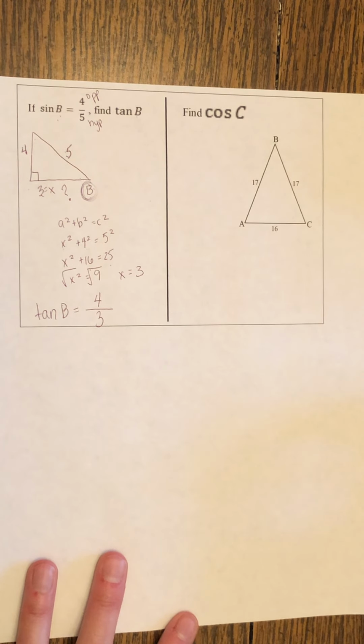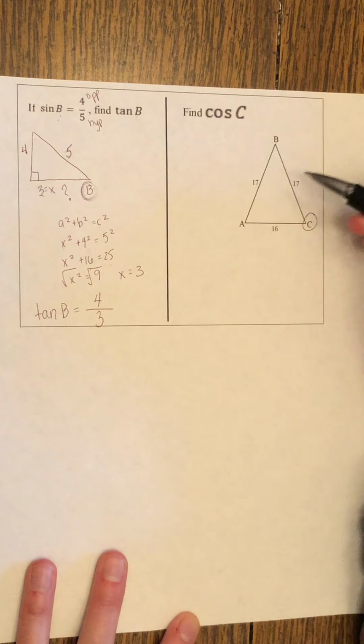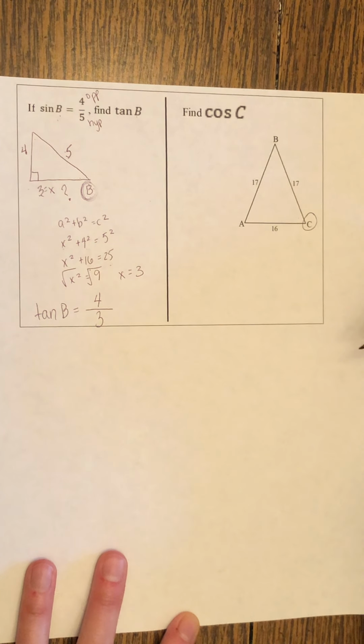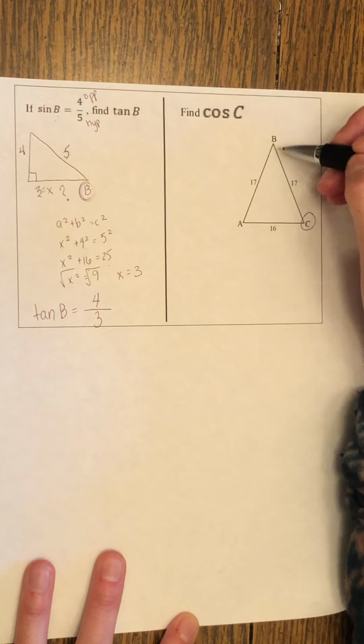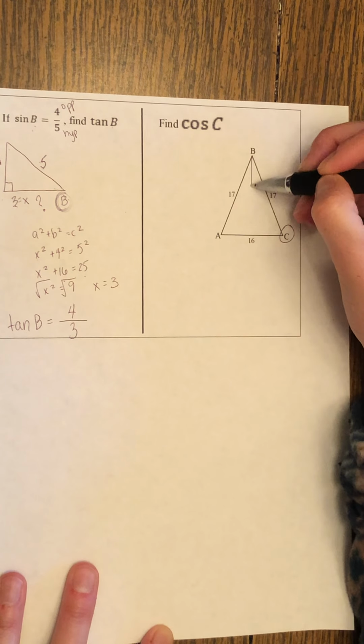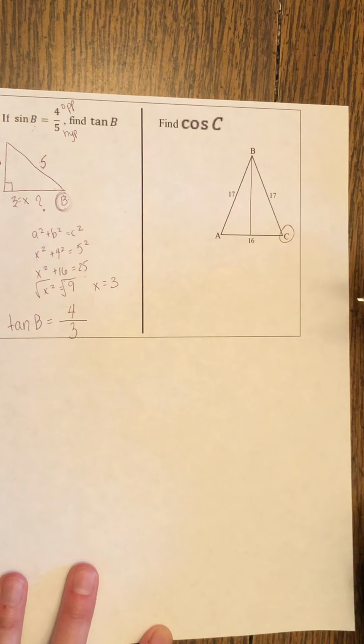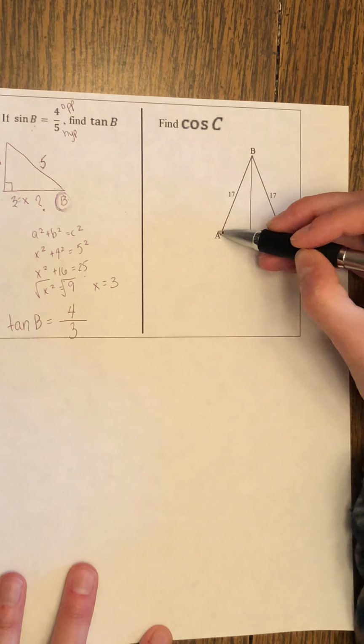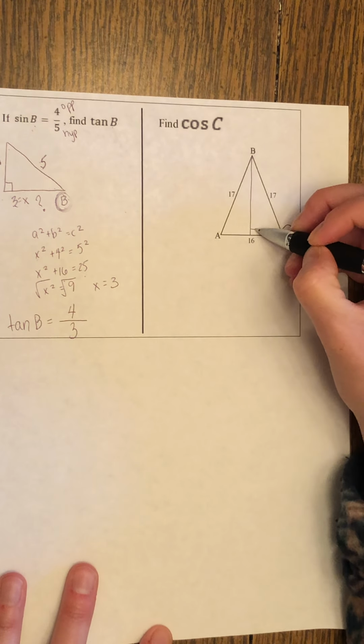The last one says find the cosine of angle C. Now, I do not have any right angles here. So what I'm going to do is I'm actually going to drop a segment from angle B down to side AC.